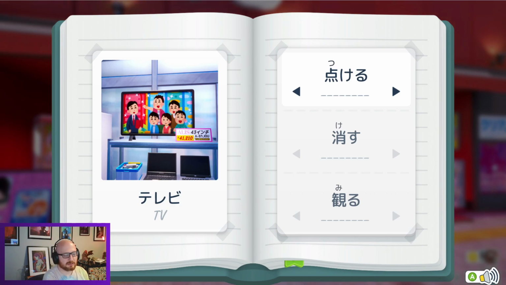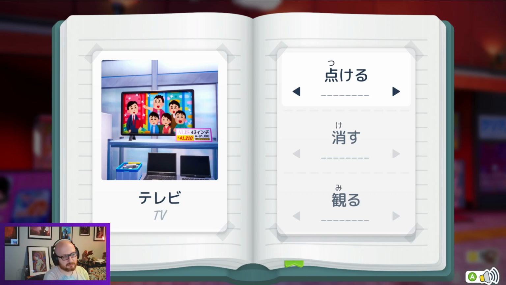Because it's man. Man is 10,000, niman is 20,000, sanman. Yonman would be 40,000. So yonman sen 210 yen would be what we're looking at here.